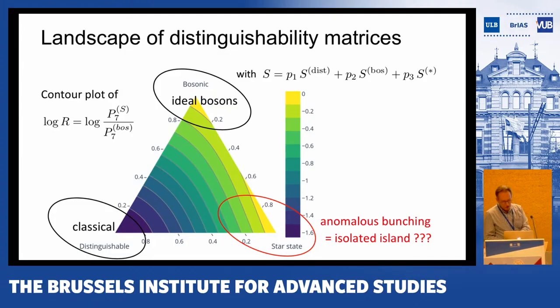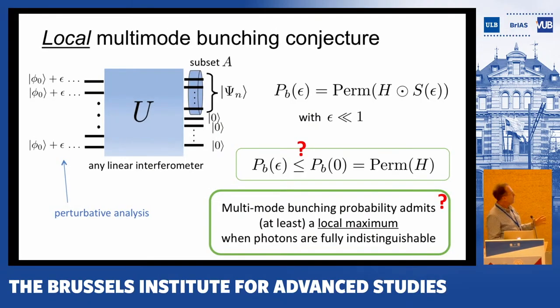So this led us to make another, weaker conjecture, which we called the local multimode bunching conjecture. Even though we now know that the bunching may be slightly higher, 7% higher, somewhere else in this landscape of distinguishability matrices, at least in the neighborhood of the ideal case, when I consider the same input states with an epsilon perturbation, the probability of bunching should go down.